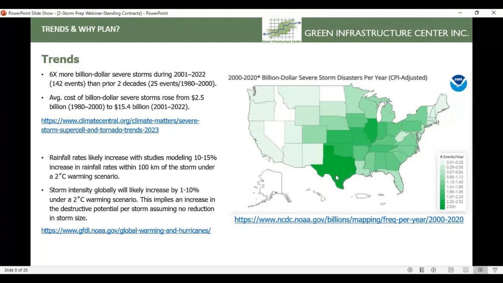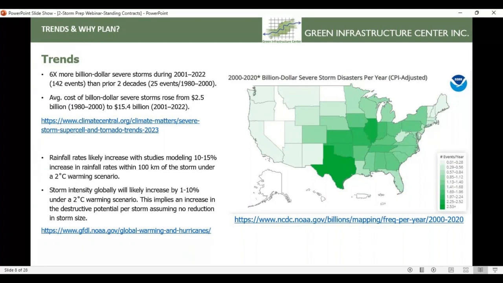And so obviously Texas is getting hit pretty hard. The average cost of billion-dollar severe storms rose from an average of 2.5 billion during that 1980 to 2000 timeframe to 15.4 billion between 2001 and 2022.